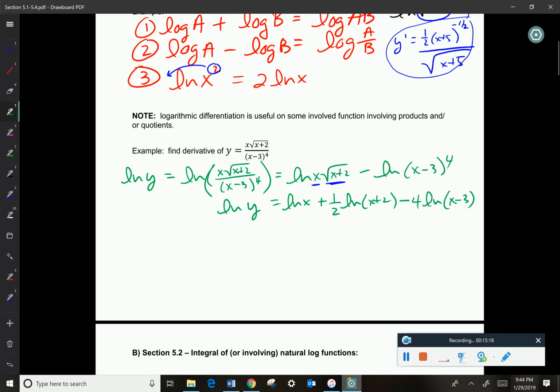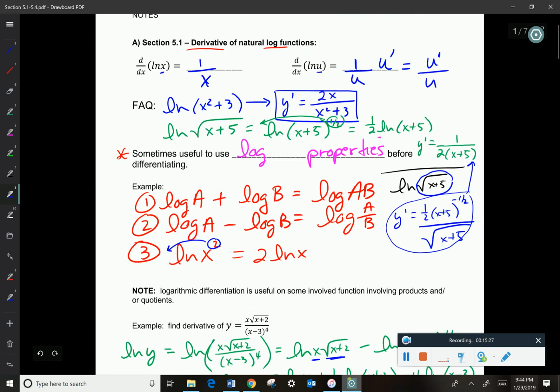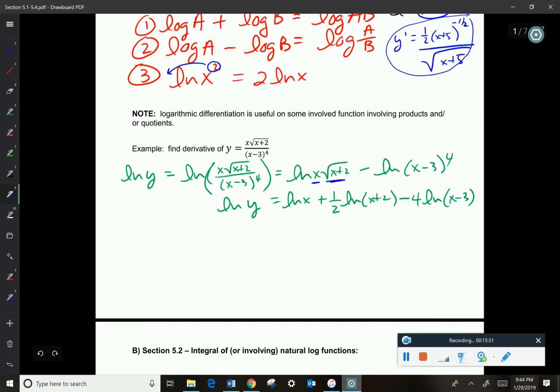So now when I'm ready to take my derivative, what's the derivative of natural log of y? Well, look up here. Natural log of u derivative is u prime over u. So natural log of y derivative is y prime over y. And then on the right side, derivative of natural log of x is 1 over x.